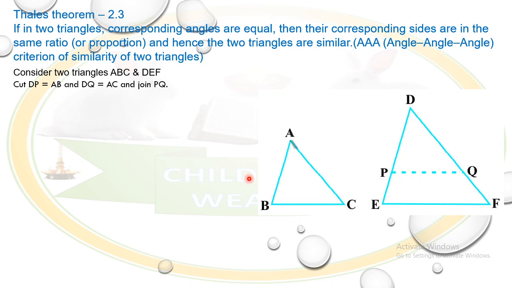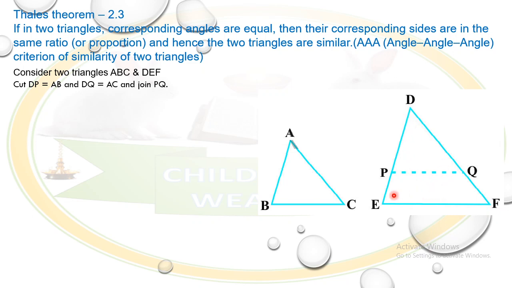Consider two triangles ABC and DEF. For proving the theorem, we need to construct one triangle inside triangle DEF.